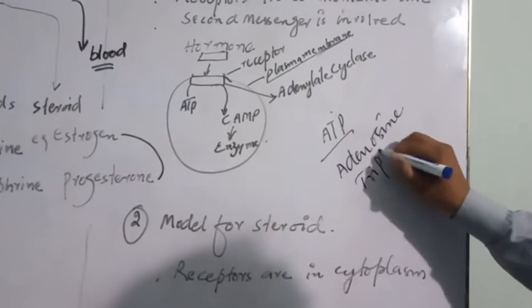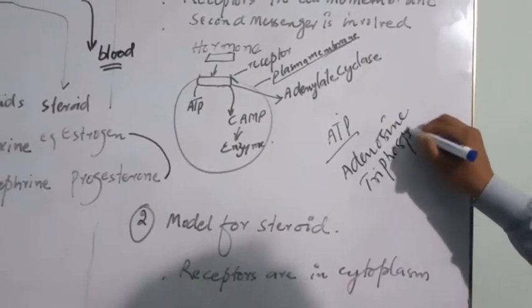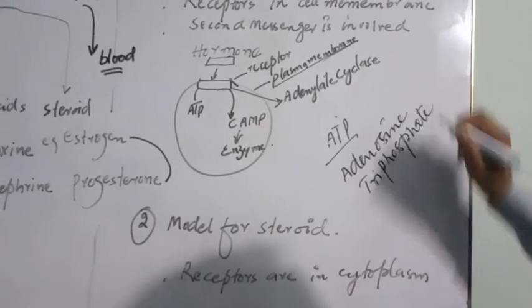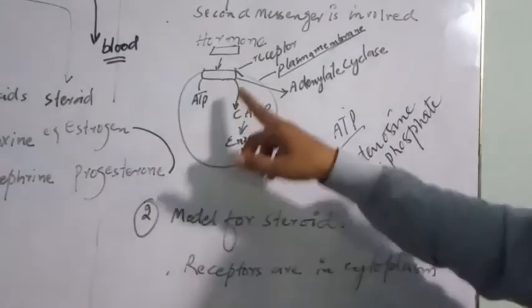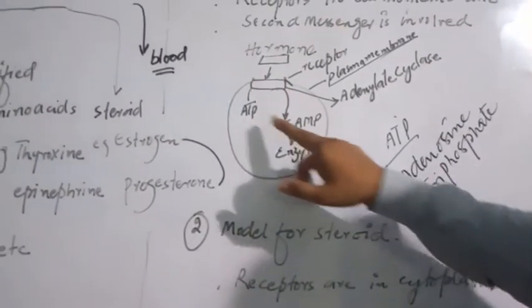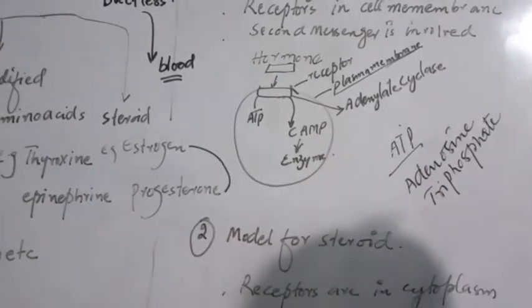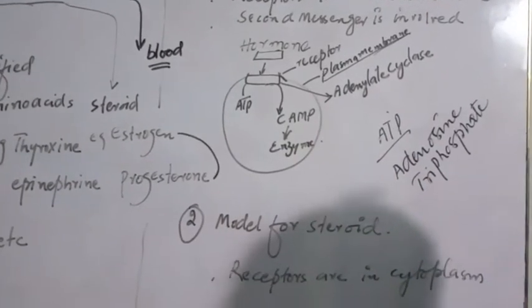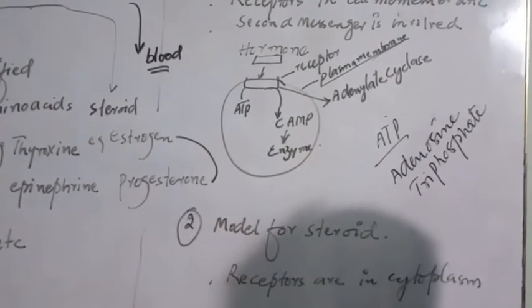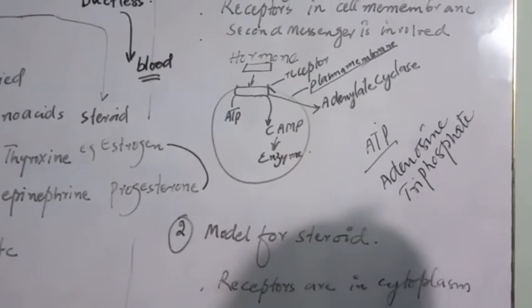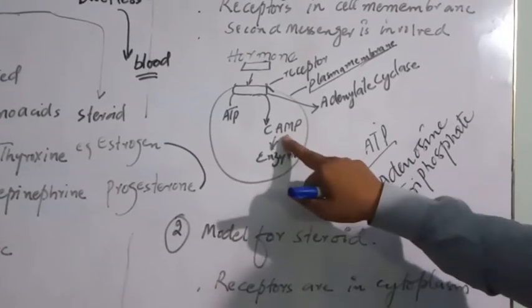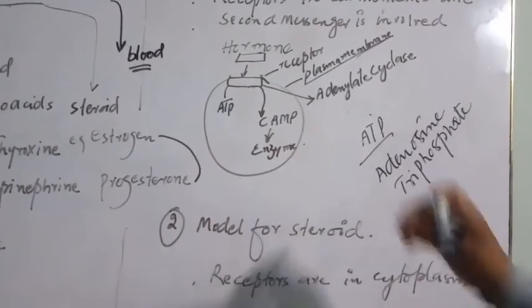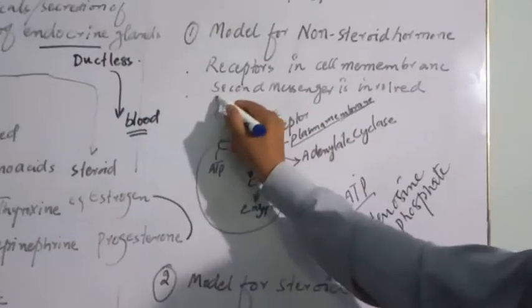ATP is a mononucleotide triphosphate. It is an energy rich compound, and ATP converts into cAMP. Now C means cyclic, AMP means adenosine monophosphate, and this is a secondary messenger, or second messenger.